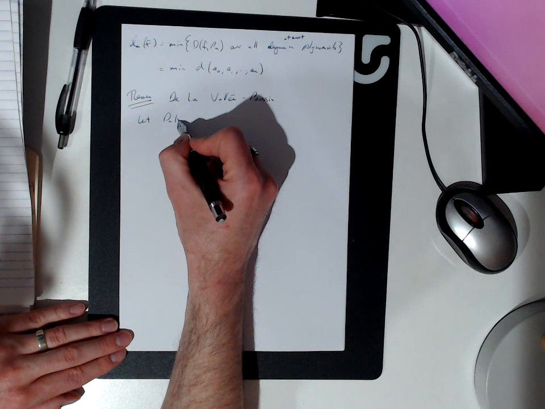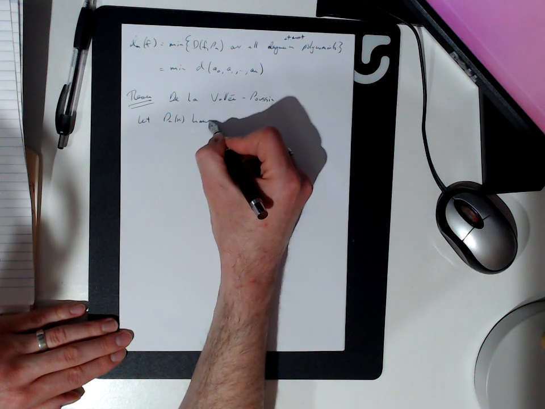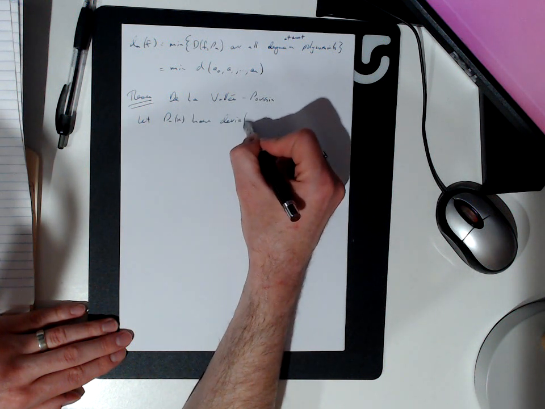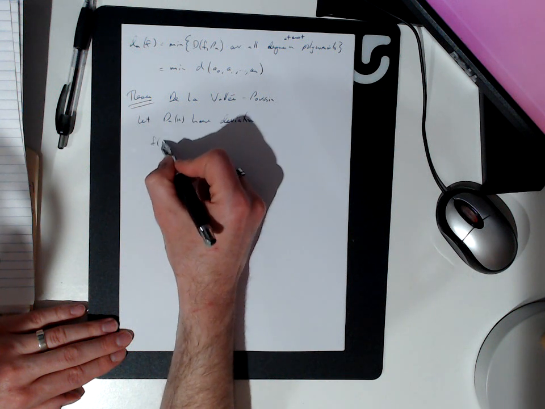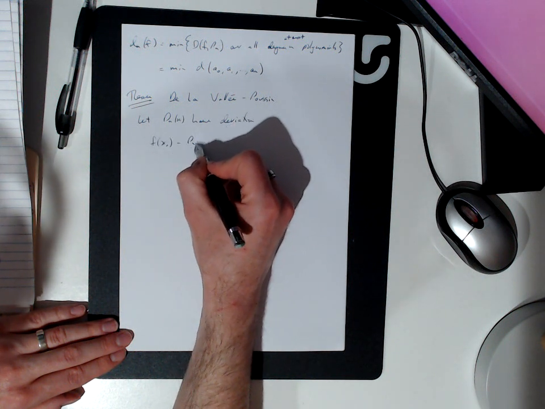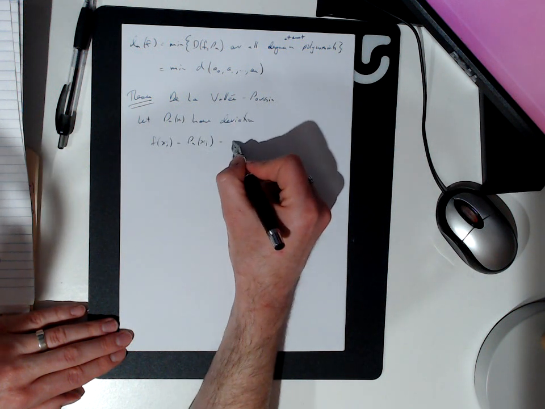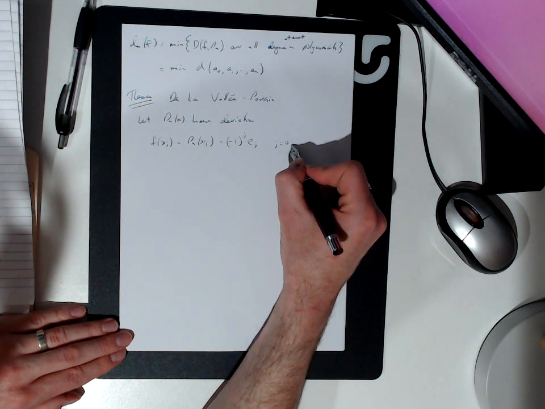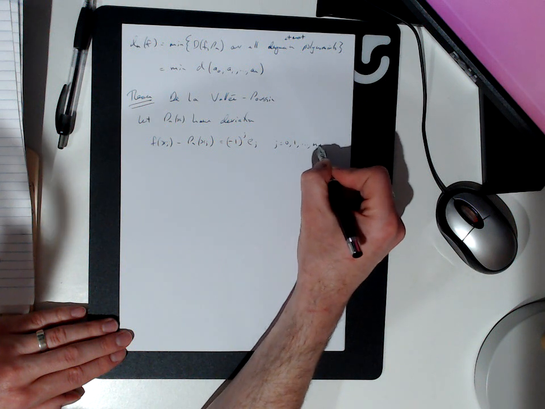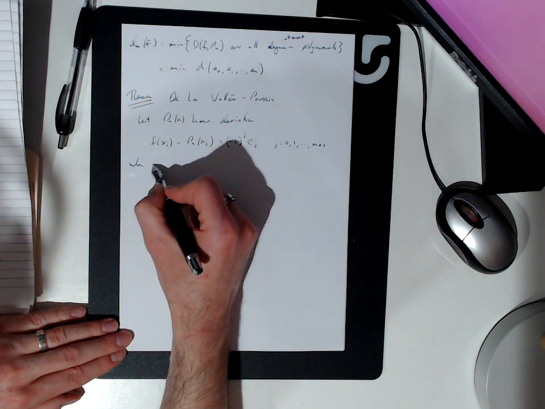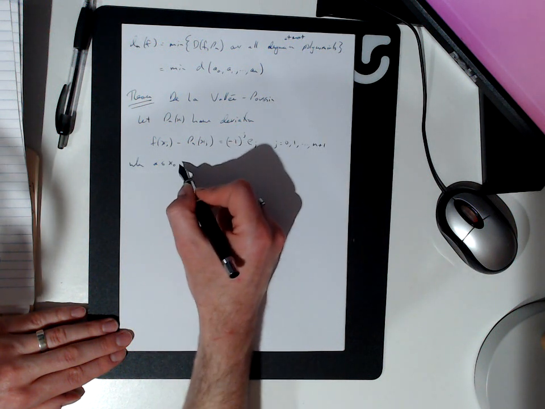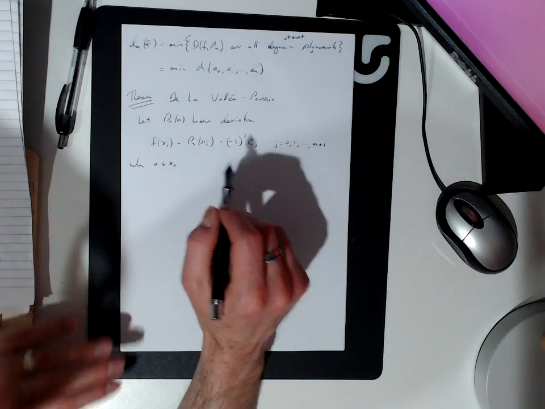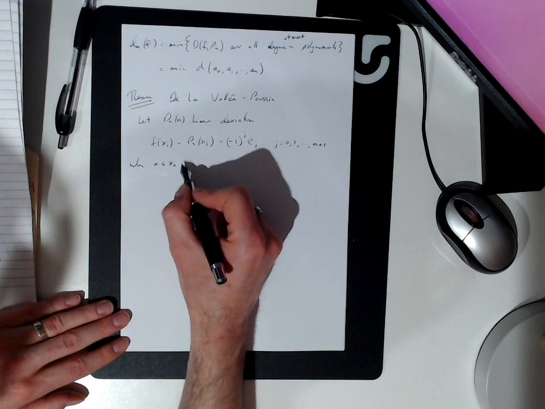So let Pn(x) have deviation f(xj) minus Pn(xj) equal to (-1)^j ej, j equals 0, 1 to n plus 1, where a is less than or equal to x0, and f is continuous inside our interval, of course, just as we've had all along.